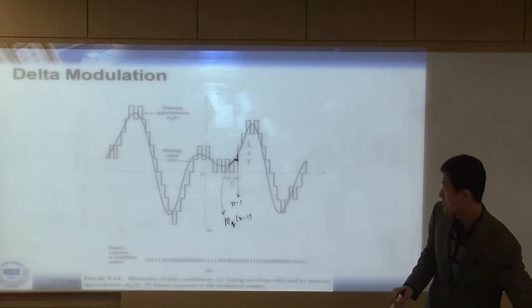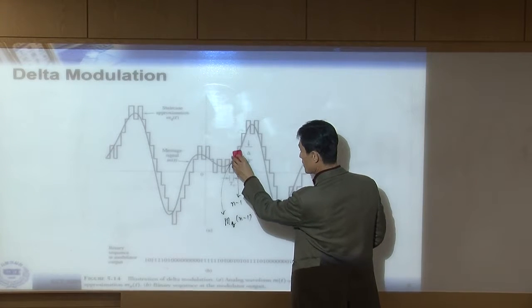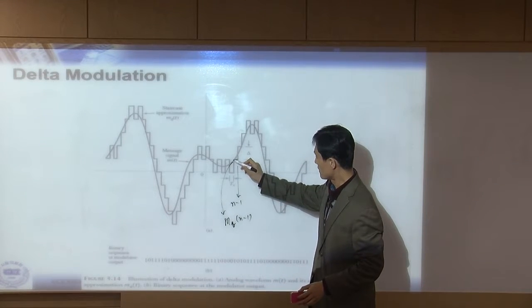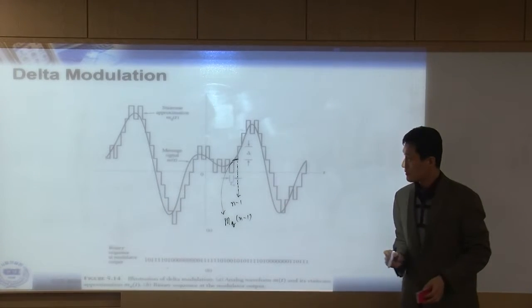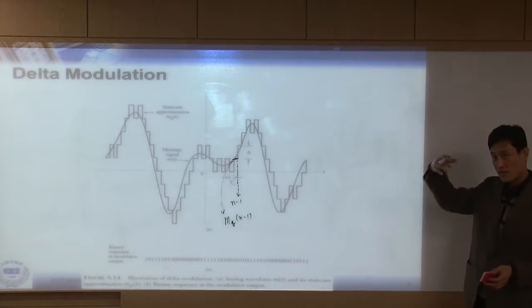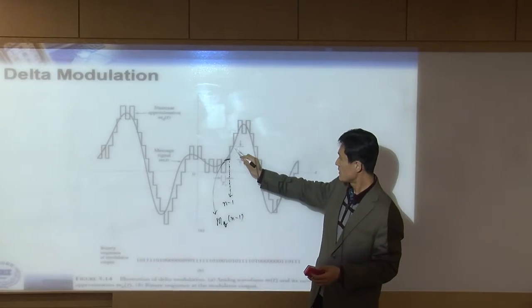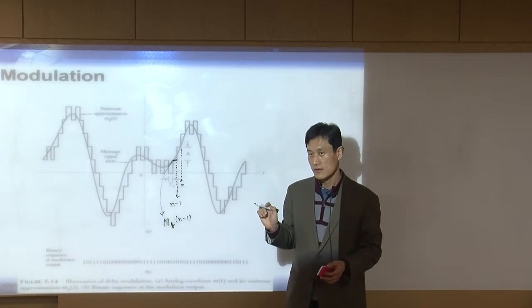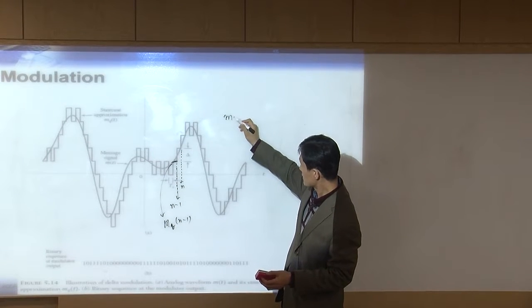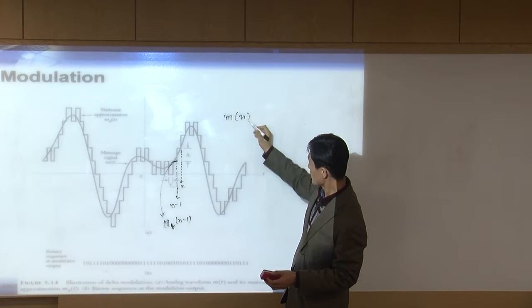Okay? This value. Now for the next value, for n, this is n. And what we want to do is look at this one.